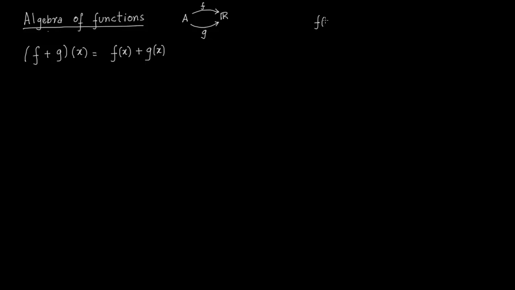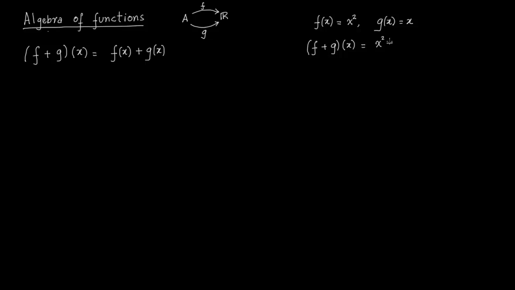Say now we have f(x) is x square and g(x) is just x. So as you would have guessed it, (f plus g)(x) is nothing but x square plus x.